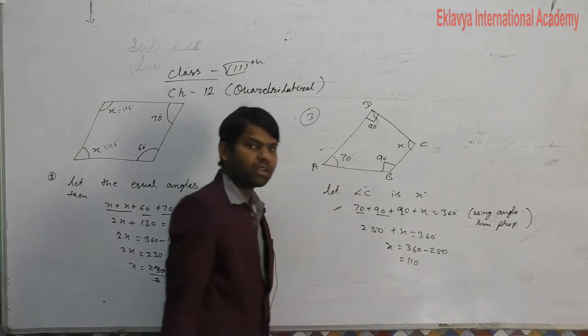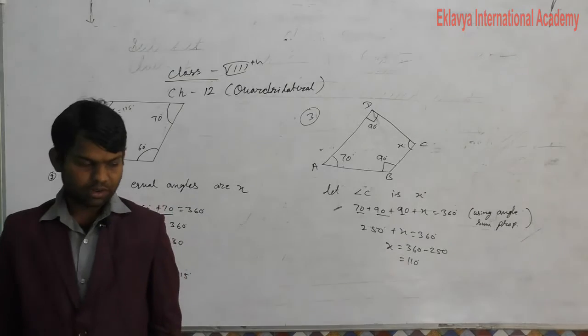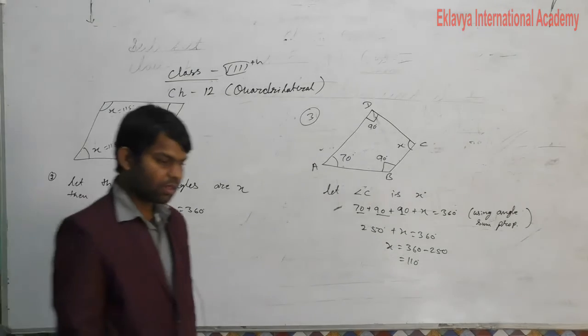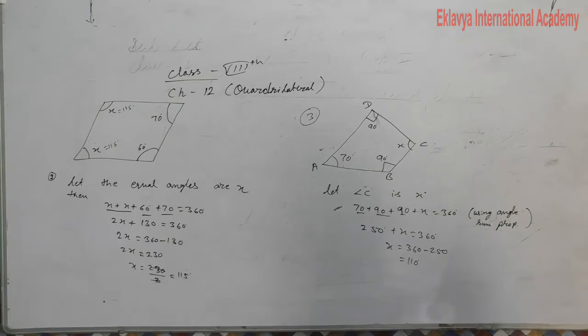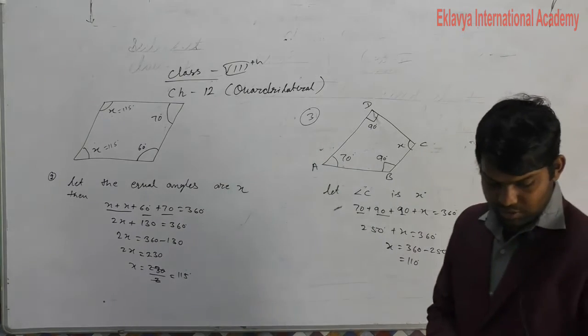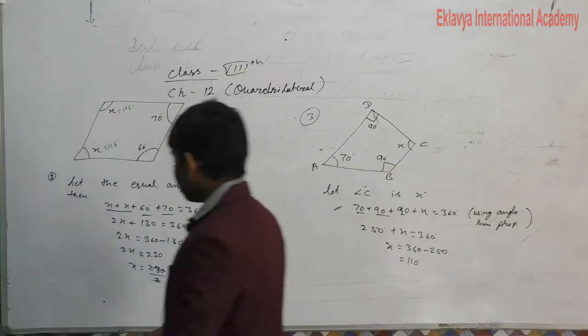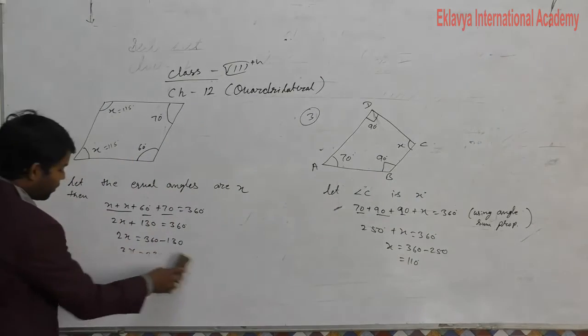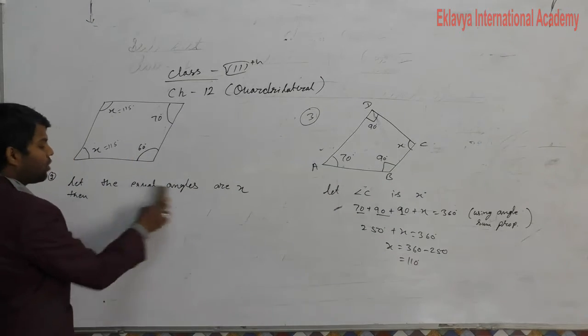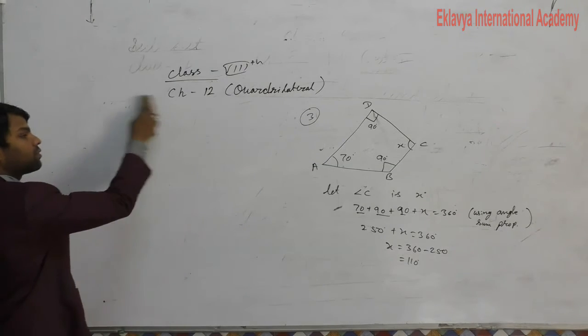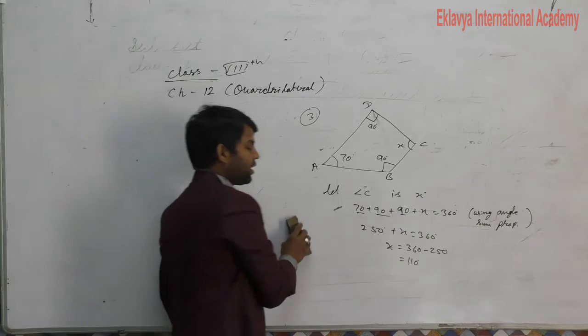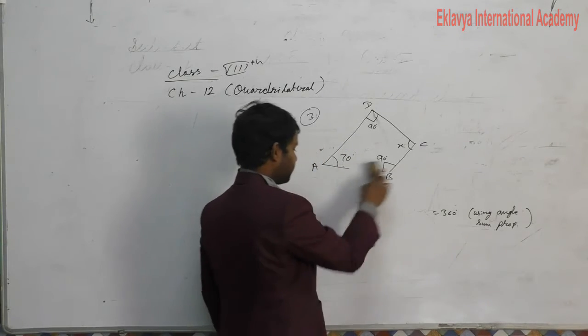Final answer is 110 degrees. So using these properties of angle sum we can solve this chapter quadrilateral. In this we have 8 questions. You will practice all these questions. Here we take one more example.